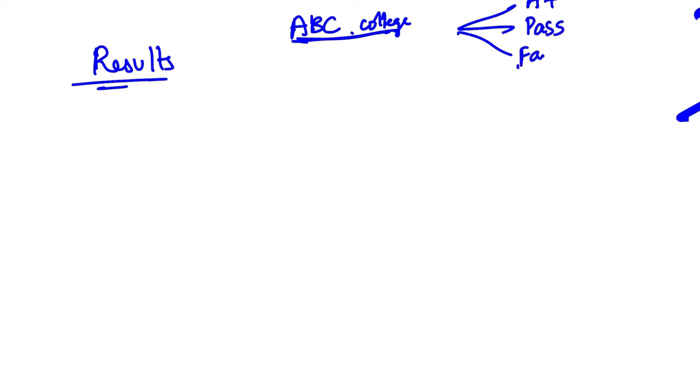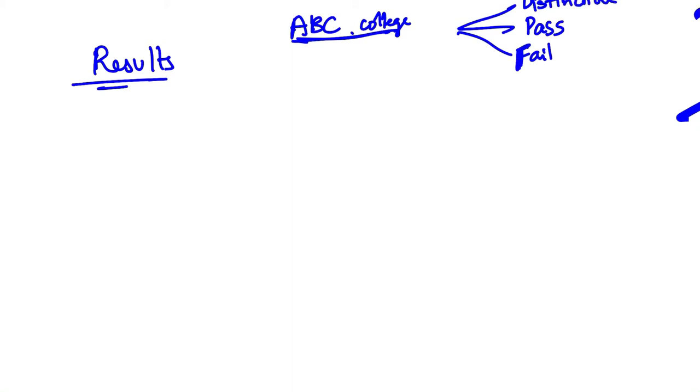Let us suppose in some college named ABC college, students receive three types of grades: distinction, pass, and fail.